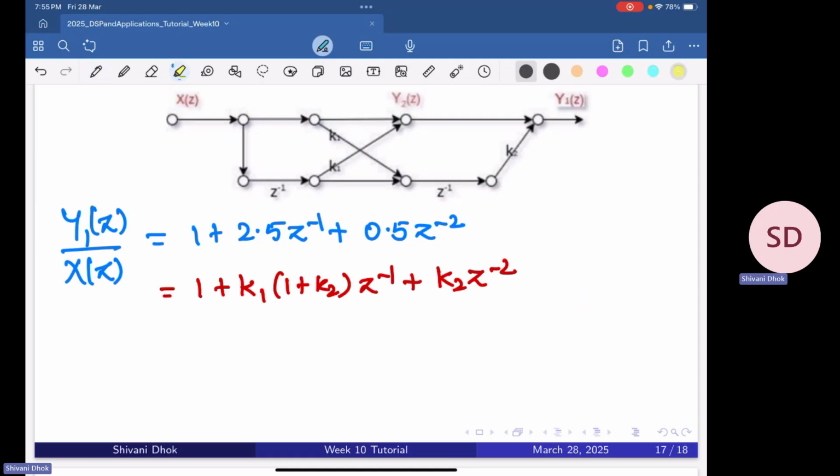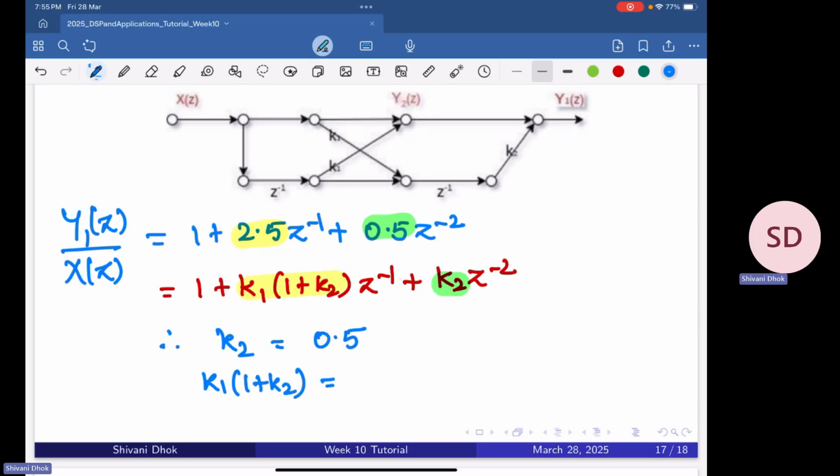Again, by comparison, these two things are same, and similarly these two things are same. So therefore my k2 is equal to 0.5 and k1 into (1 plus k2) comes out as 2.5.